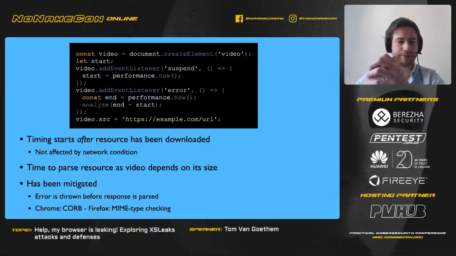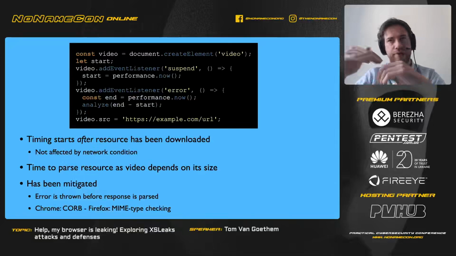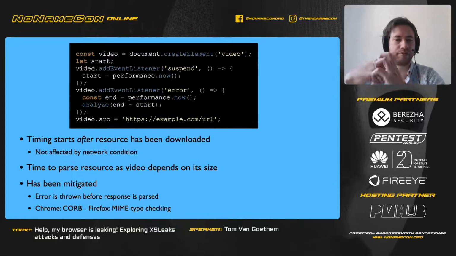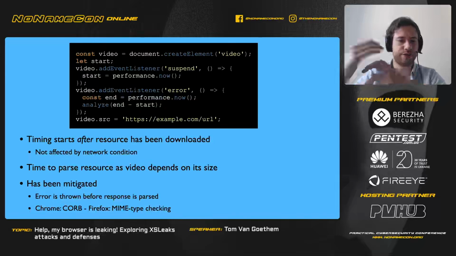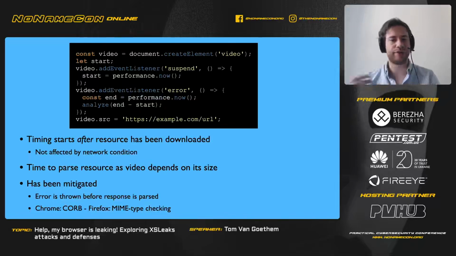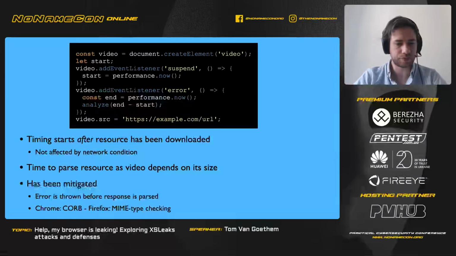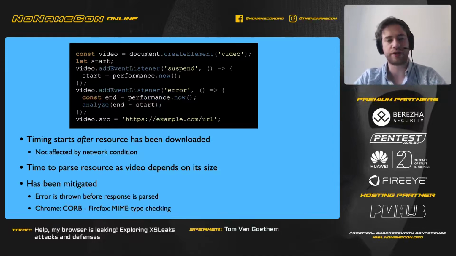And the error event will fire after the browser tries to parse this resource, which is not an actual video, as a video, and it will fail to do so, and it will throw this error event. So this means that the timing will start after the resource has been downloaded, which means that it's, of course, not affected by any network conditions.